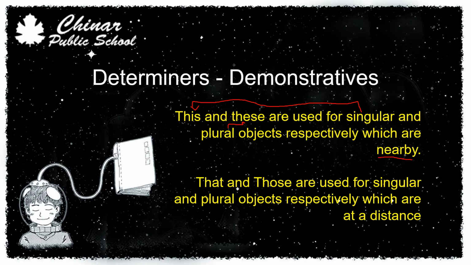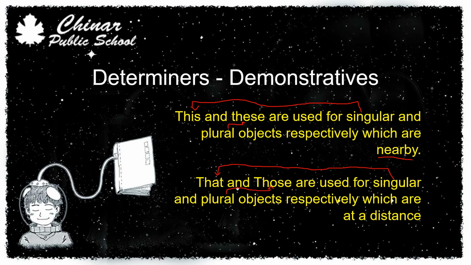Another two types of demonstratives which we read just now were that and those. They are used for singular and plural objects respectively which are at a distance. That means something that is a little far away.